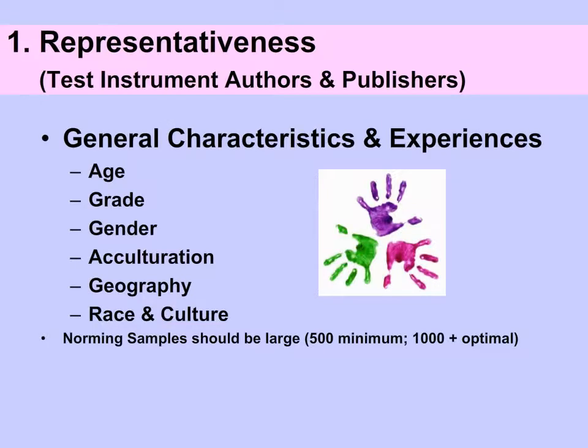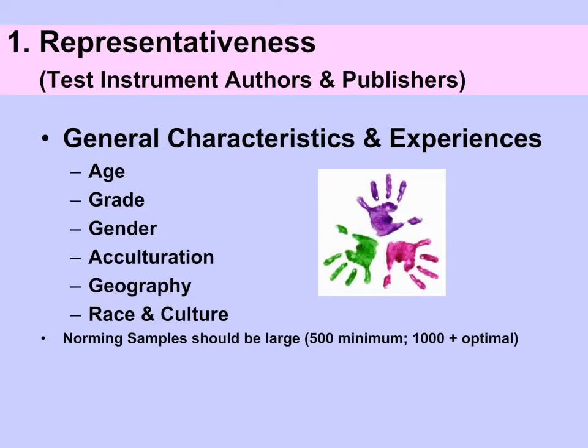Number 1, representativeness. The concept of representativeness refers to the fact that the norm group must include individuals from different backgrounds, characteristics, and experiences. Quality representativeness matches the population of the society.